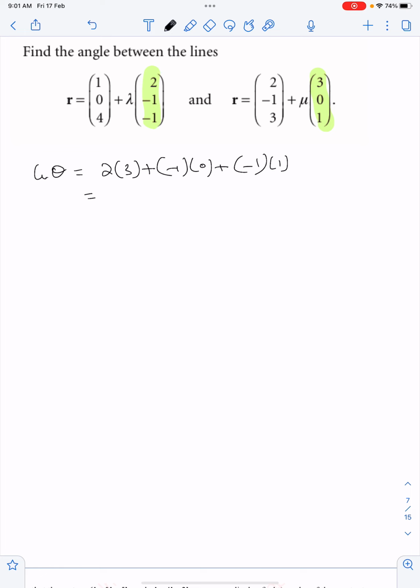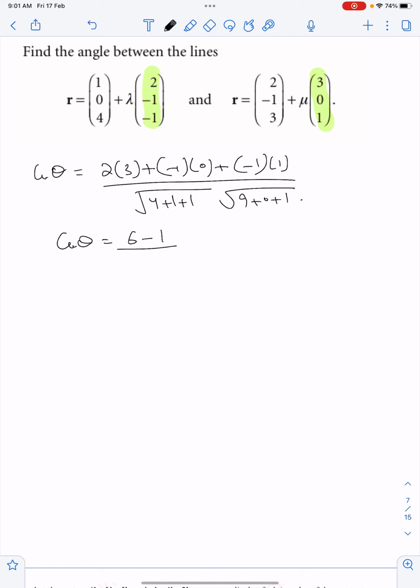Divided by the magnitude of the first vector, which is 4 plus 1 plus 1, and the magnitude of the second vector, which is 9 plus 0 plus 1. Cos of theta equals 6 minus 1 upon root 6 and root 10.